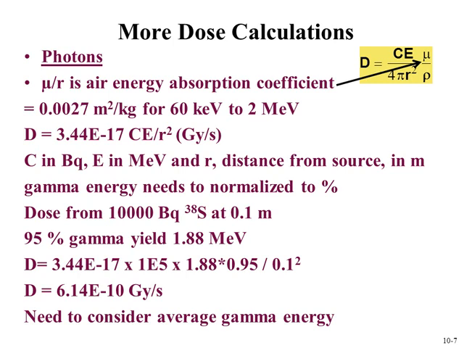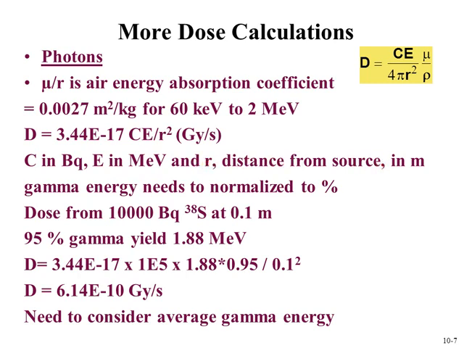We can take our dose term here, and we can rearrange it into grays per second as we did for beta and alpha particles, and we get a value that is shown here: 3.44 times 10 to the minus 17 C, which is our activity in becquerels, times E in MeV, divided by R squared, where R is a distance in meters.